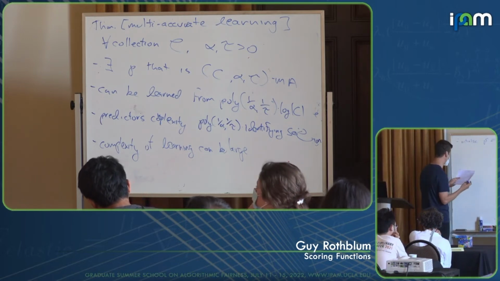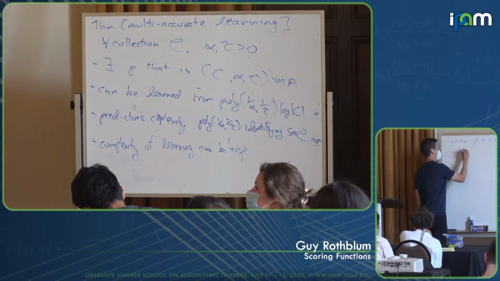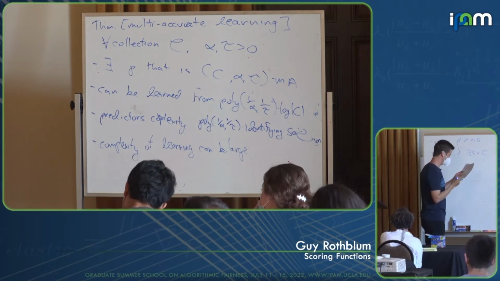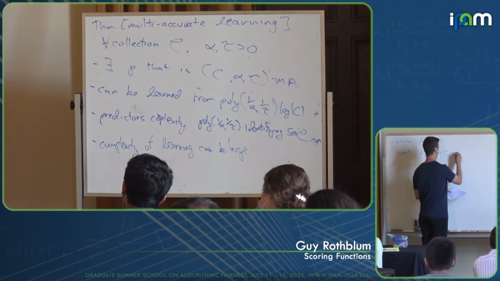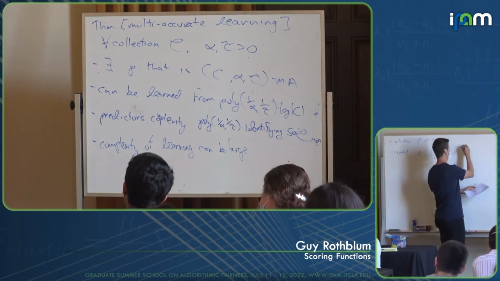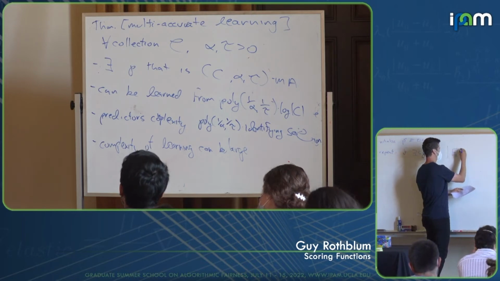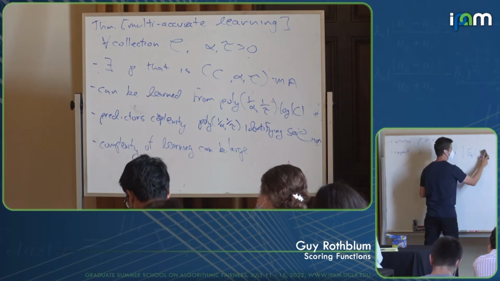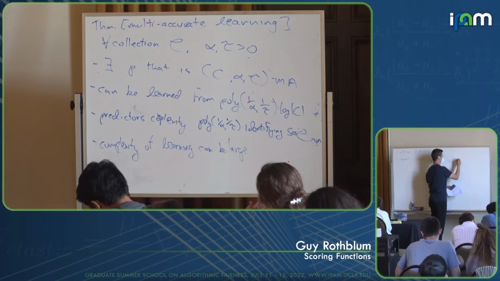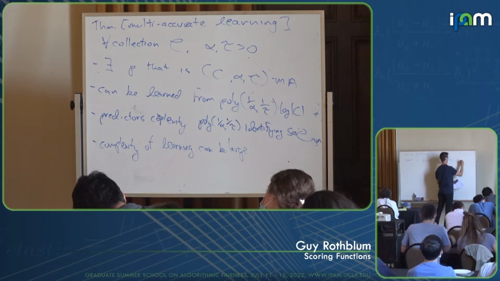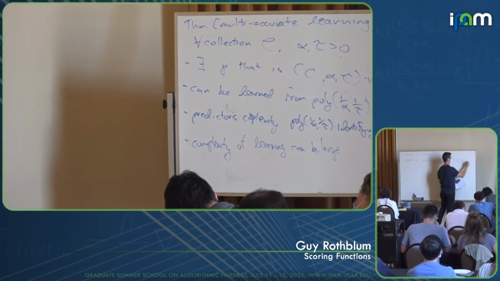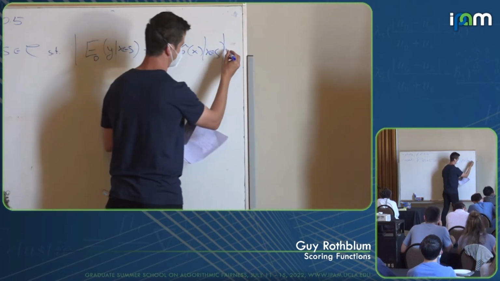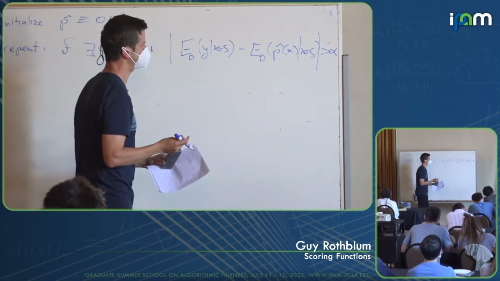So, simple algorithm. If there exists a set S in our collection whose expectation is off by at least alpha, that is, the expectation over D of Y conditioned on X in S, minus the expectation over D of our current P tilde of X conditioned on X in S. If this difference is larger than alpha, then we have to do something.